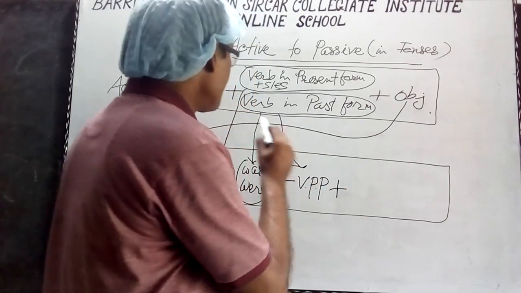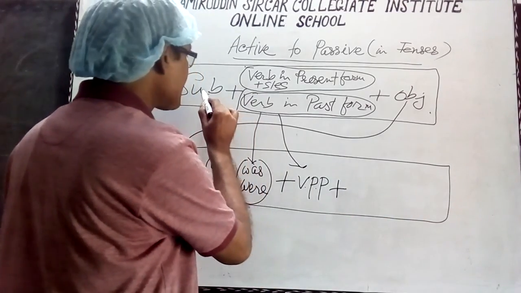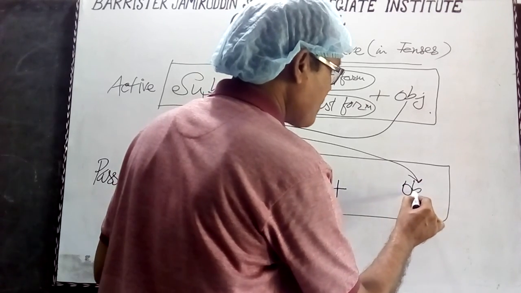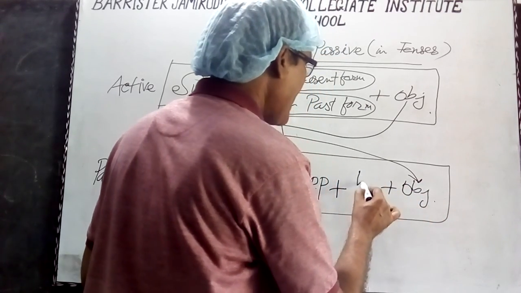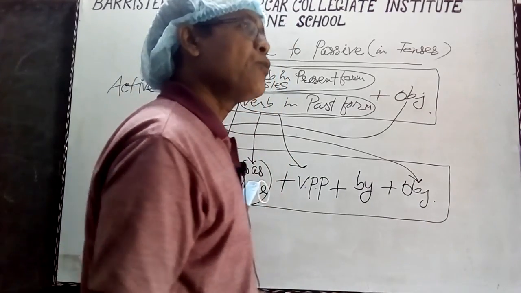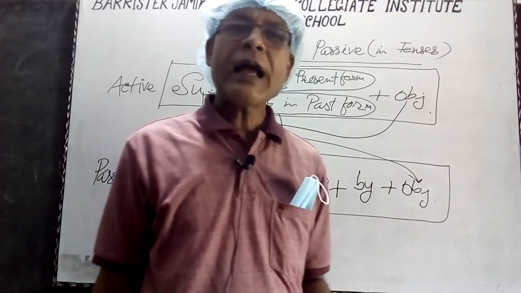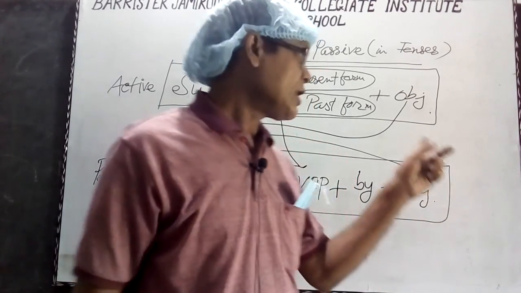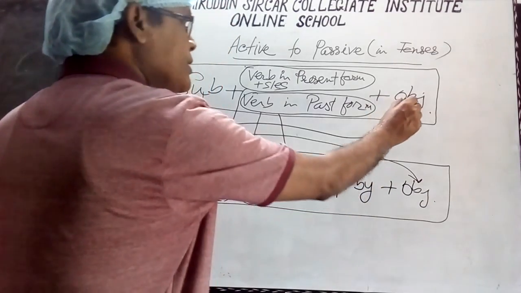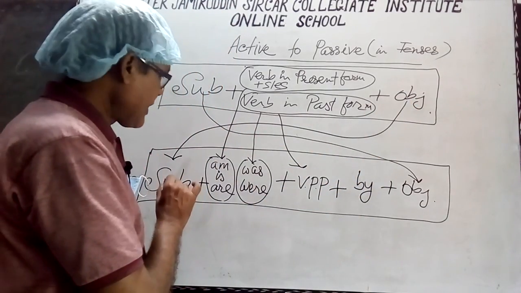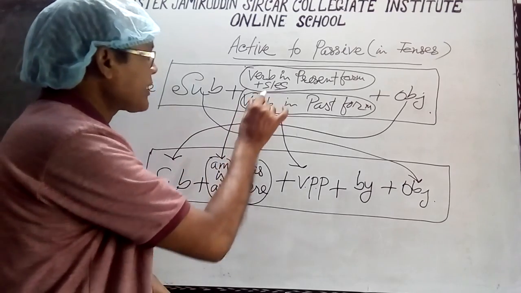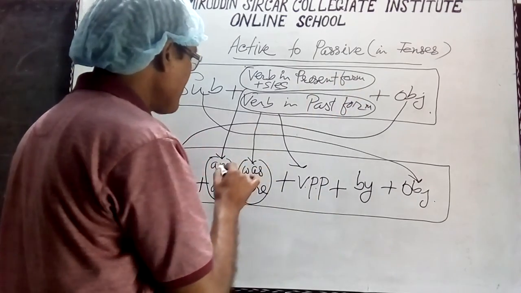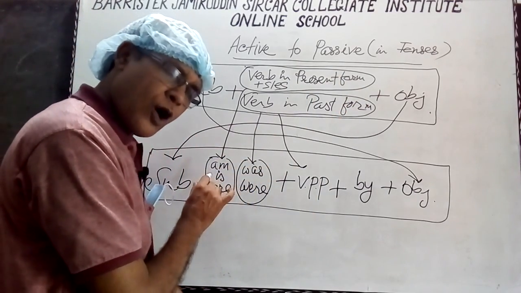Then the subject will be the object, and before the object we must use by. Sometimes we can use to with that according to the verb. So this is the structure. The object will be the subject, and after the subject, if the sentence is in the present indefinite, then we must use am, is, are as auxiliary verb according to person.